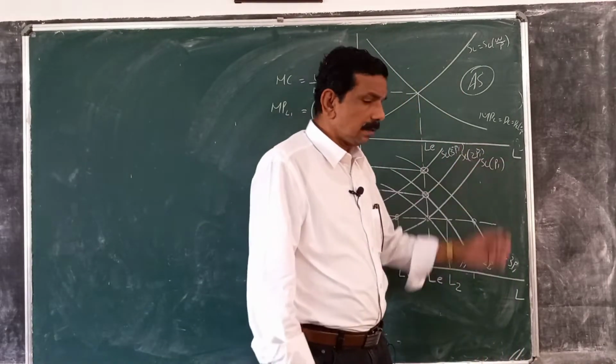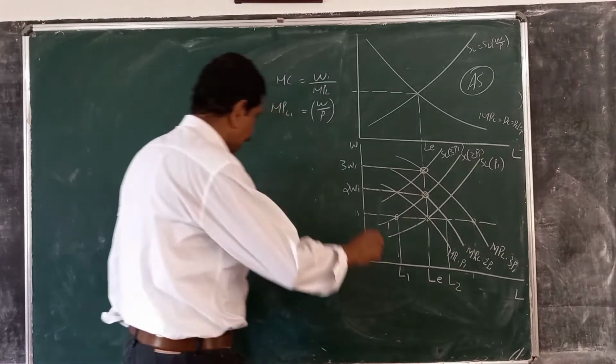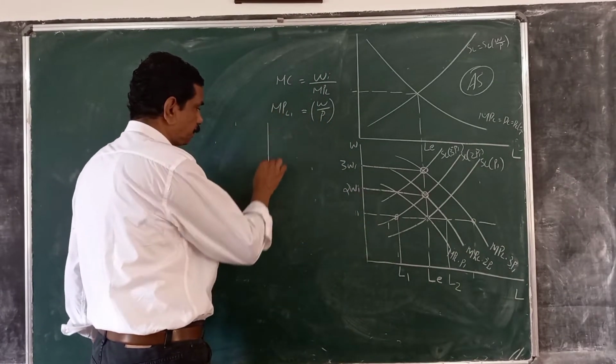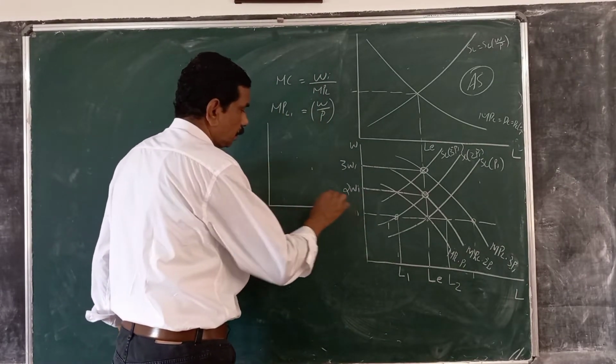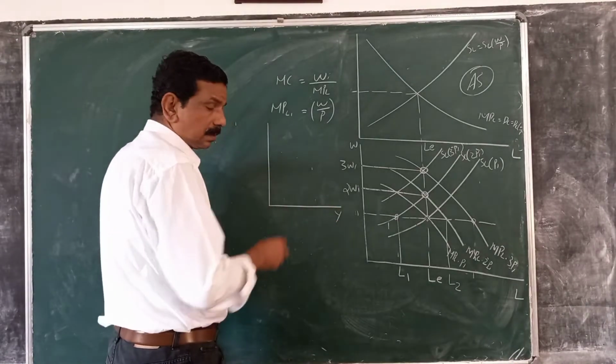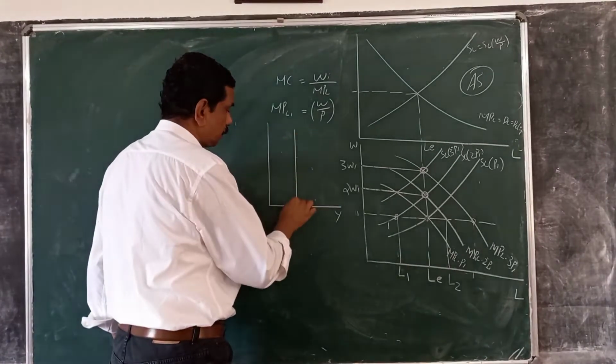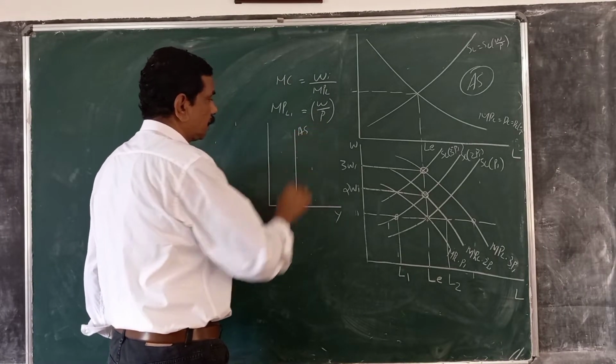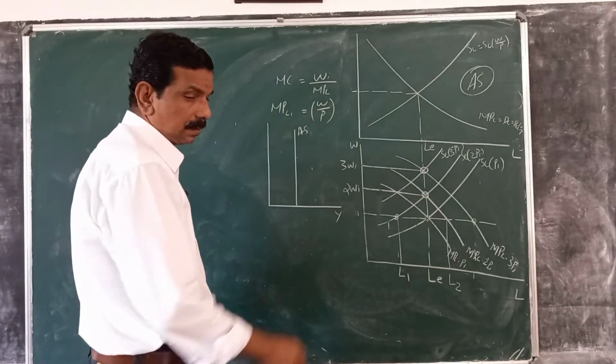The shape of the classical aggregate supply function is like this. This is AS, the aggregate supply function.